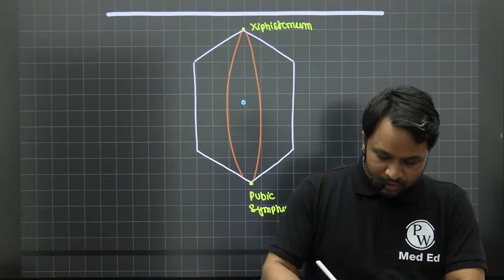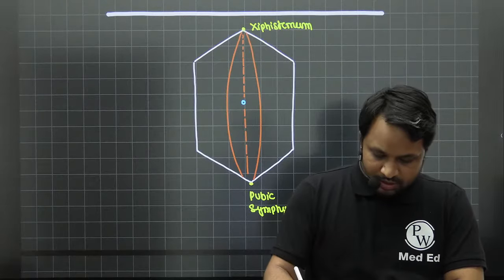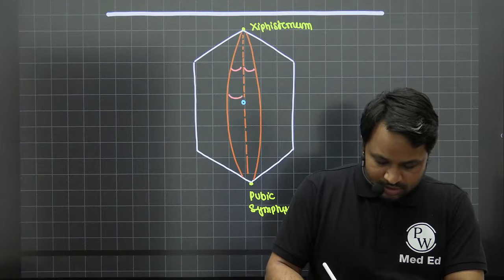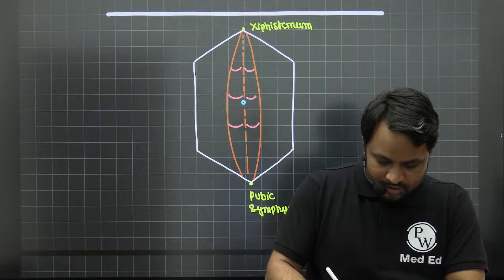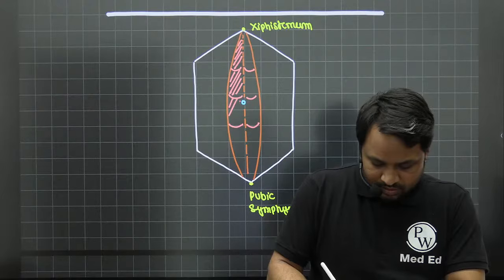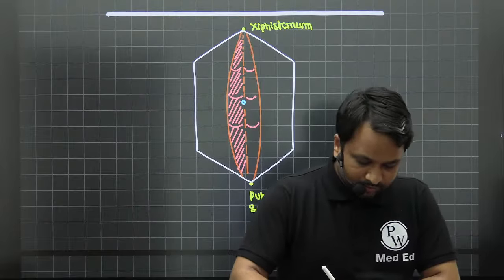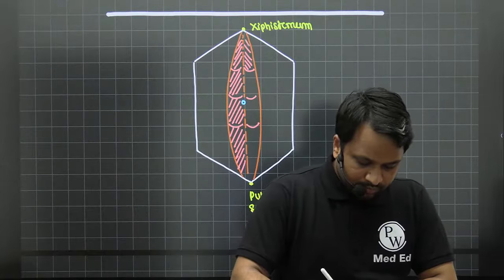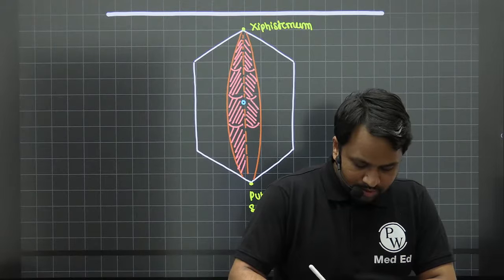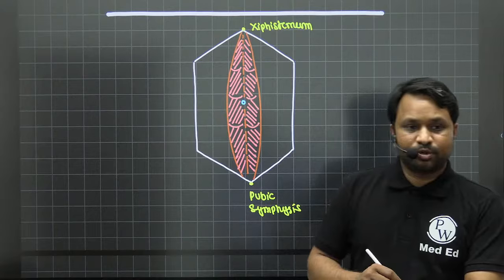Now, if you look at the whole orientation of the muscle, the tendinous intersections that are going to be present here will form your classical six-pack appearance, and this is your rectus abdominis muscle.